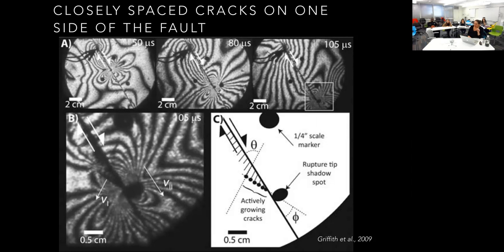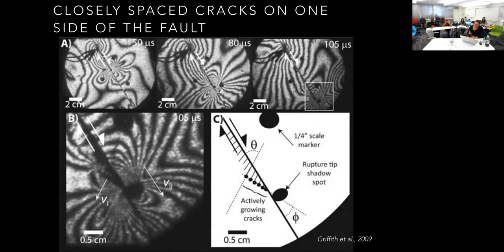So they set off a little tiny charge in the fault that started the glue breaking, and then it broke down the fault and cut through all the glue, like an earthquake rupture propagating through a planar fault in a cohesive crust.